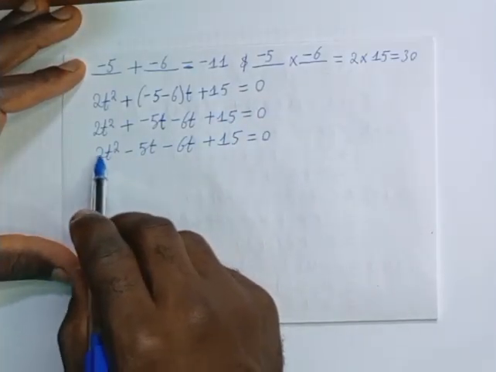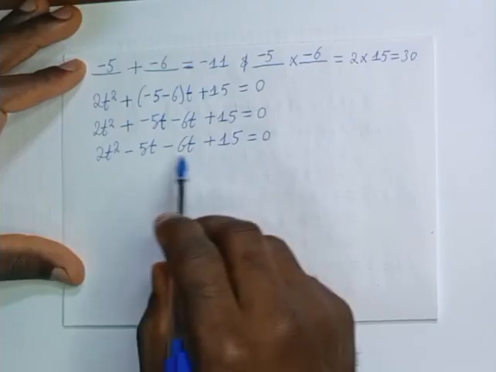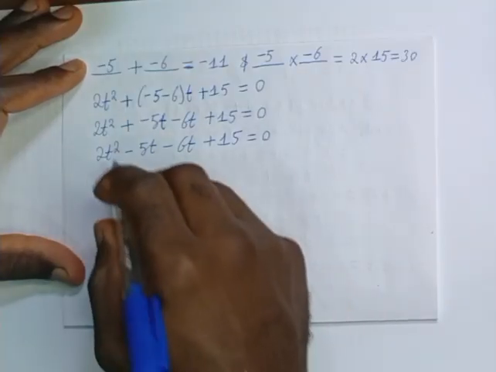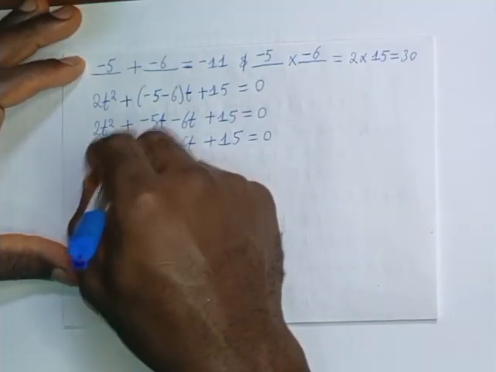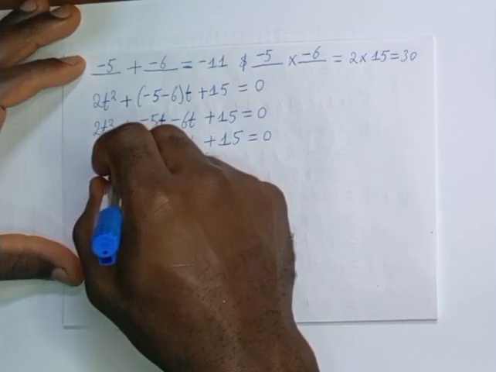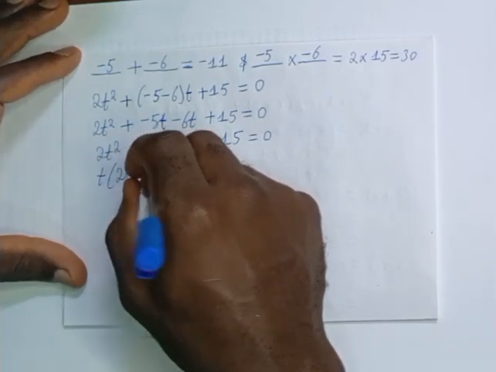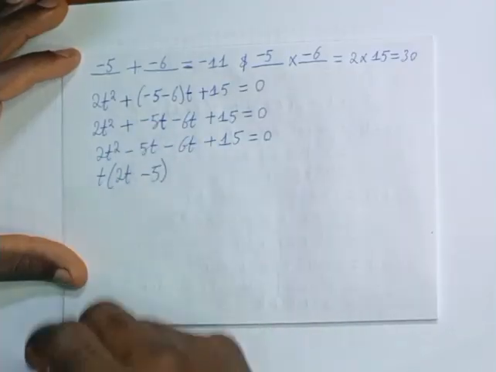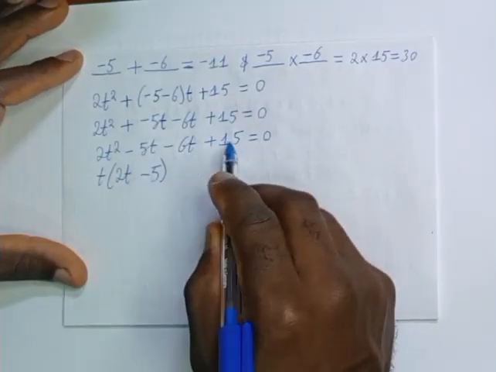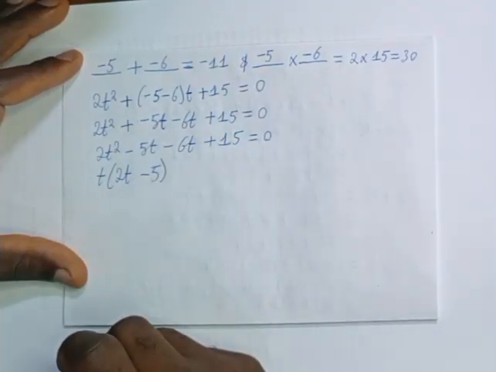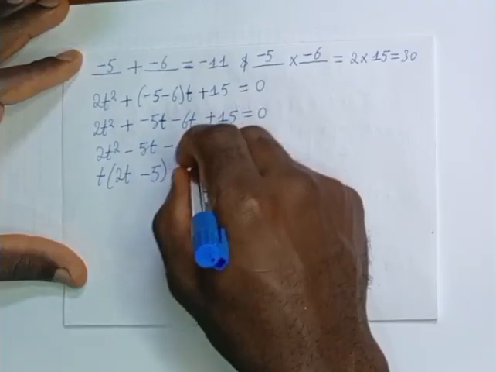We are going to take the first pair and factorize, and take the second pair and factorize. For the first pair, t is common. t times 2t gives us 2t squared. t times negative 5 gives us negative 5t. For the second pair, we factor out negative 3.